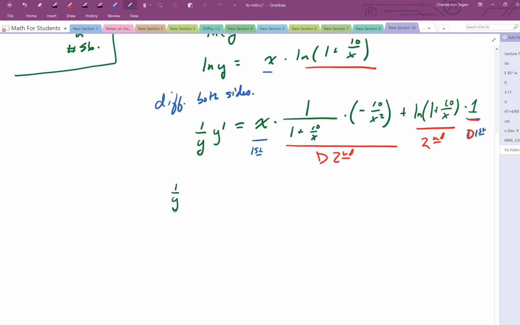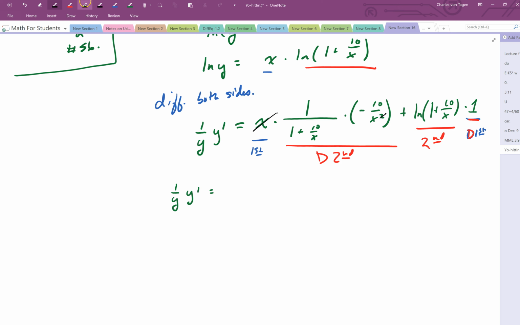So before I worry about this y over here, let's see here. This x, when I multiply this to the negative 10 over x squared term, it will cancel out one of these factors of x. So let me go slowly through that. This x will cancel with one of those factors right there.